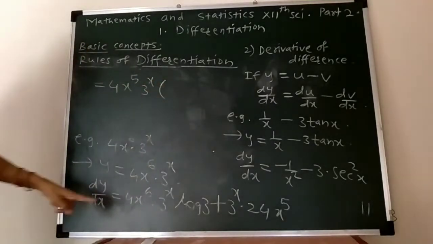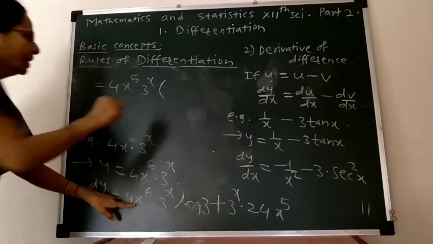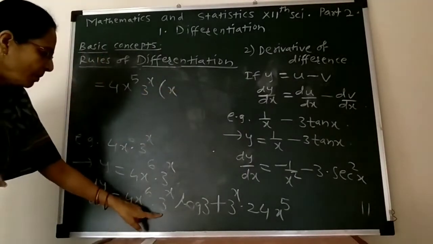What are the remaining terms? 4x raised to 5 common, so here is x. This term is common, so log 3.